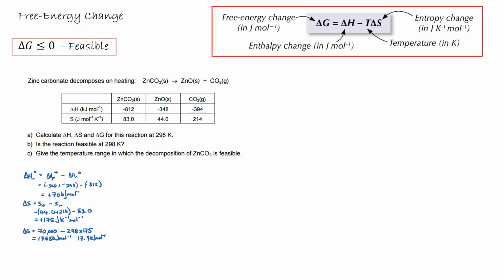Importantly for our discussions, we can see that delta G is positive, and therefore the reaction is not feasible at 298 Kelvin.